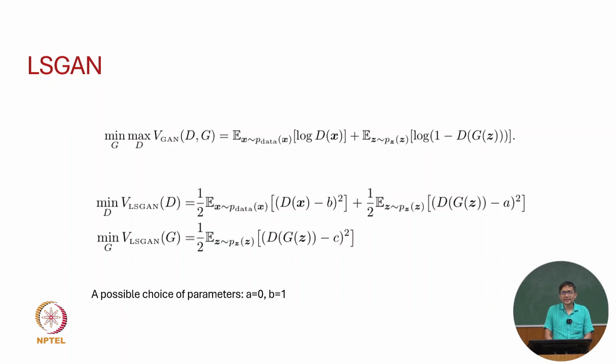So in that case, as you would have guessed already, the value for C will be the opposite of the value for A, that is C will be equal to 1 in this case.